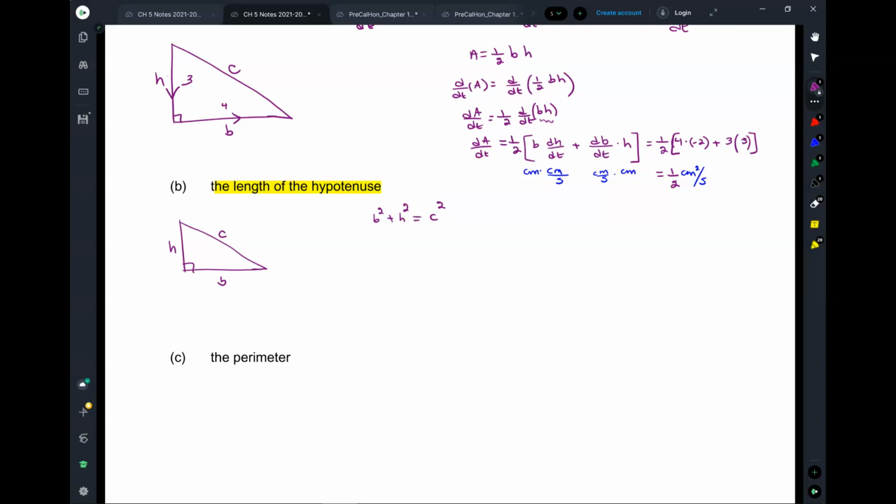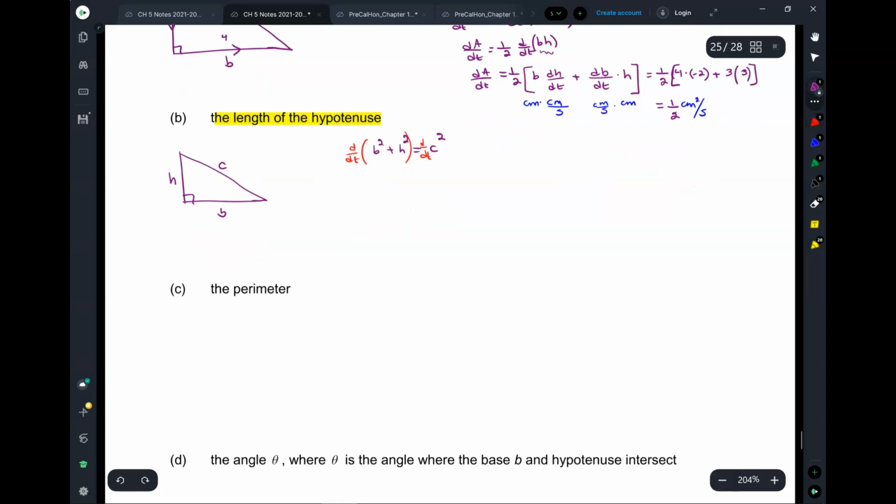So now let's take a derivative. d/dt of this and d/dt of that. So 2B dB/dt plus 2H dH/dt is 2C dC/dt. All right? Chain rule, chain rule, chain rule.